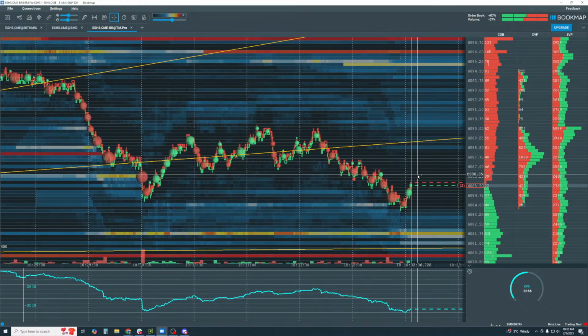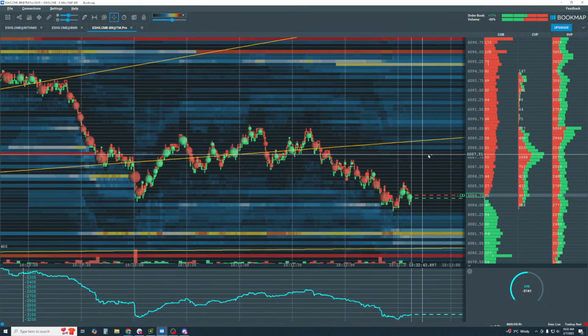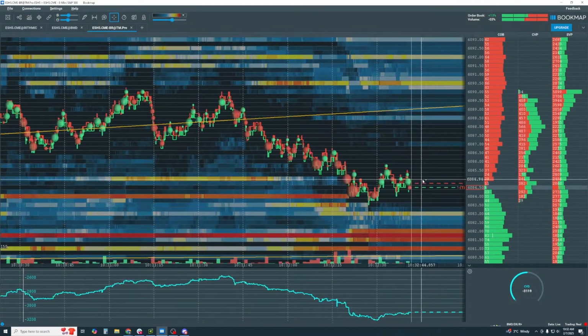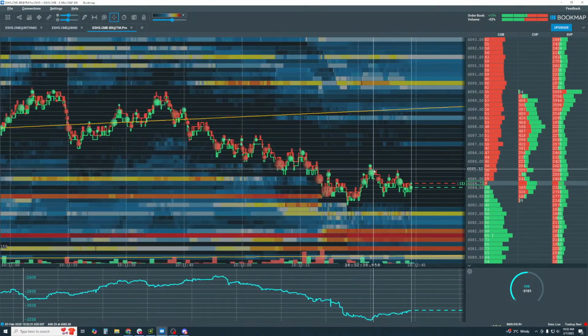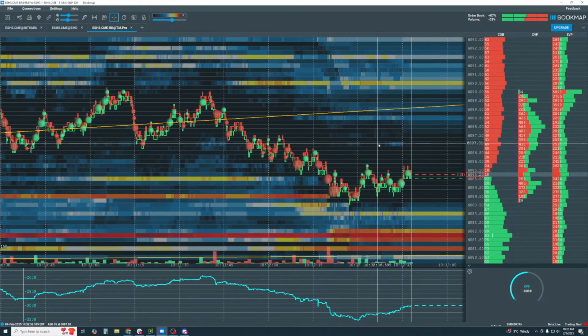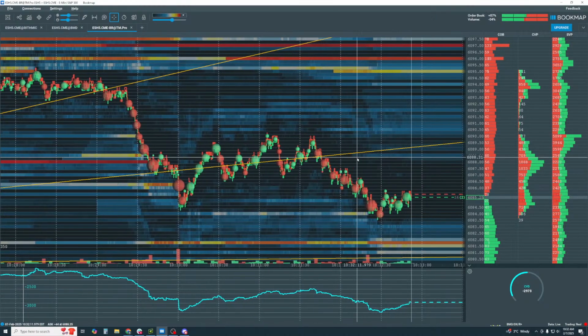Let's see if those buyers can reach back up to here, and that would be 88 basically. Now we can start to put this into a trading plan. I don't think this is a very good setup, but bear with me for a moment.